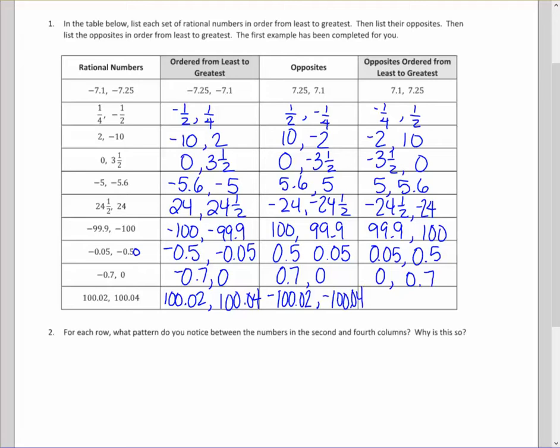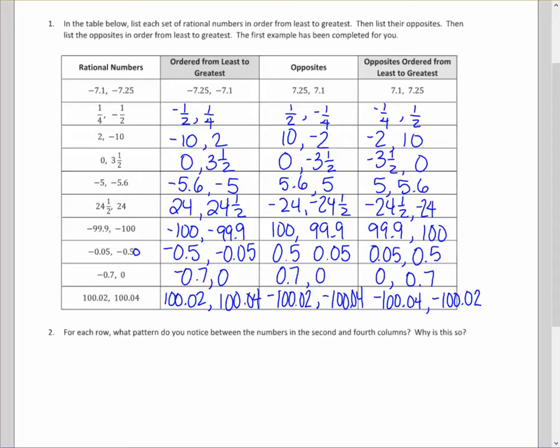And then you would need to write it like this if we are going from least to greatest. So you would have negative 104 hundredths is less than negative 102 hundredths, right?